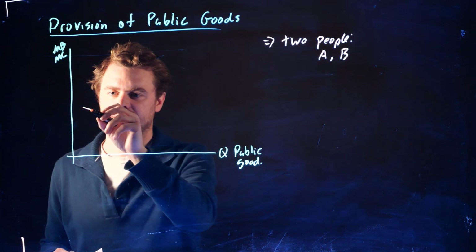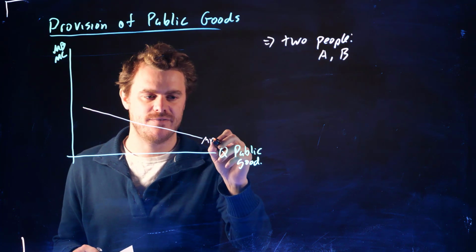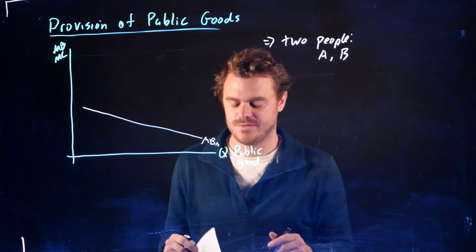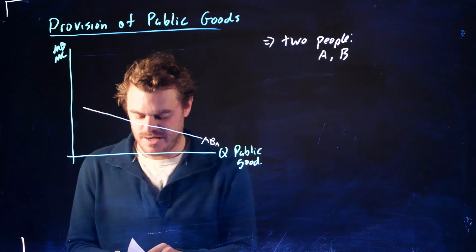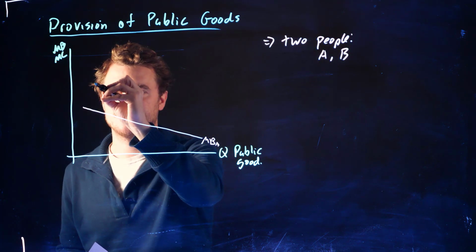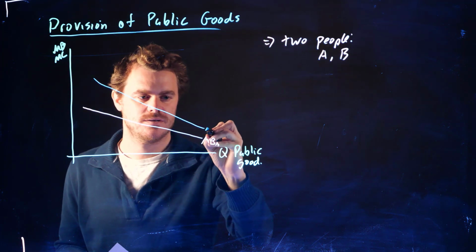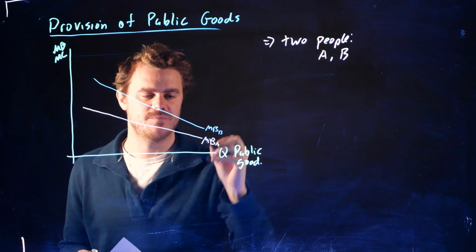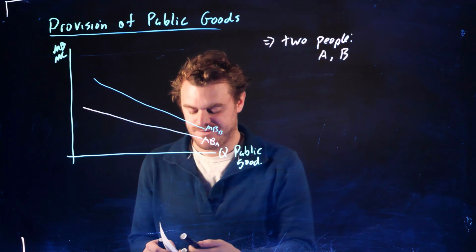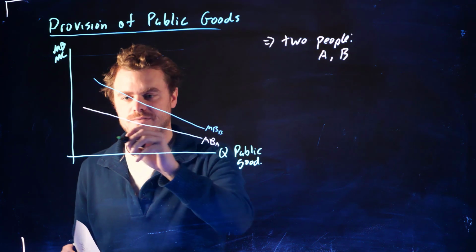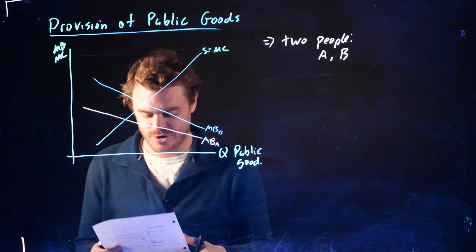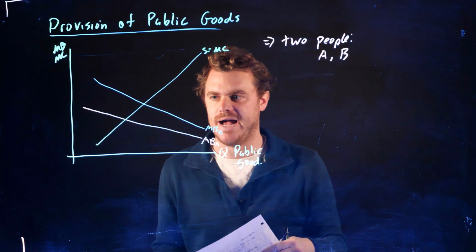So let's say this is the marginal benefit of person A. And then maybe person B has a different marginal benefit. Theirs is a bit higher. This is the marginal benefit of person B. Then we have the marginal cost curve. It's like the supply curve. It's the marginal cost of producing this good that the government has.